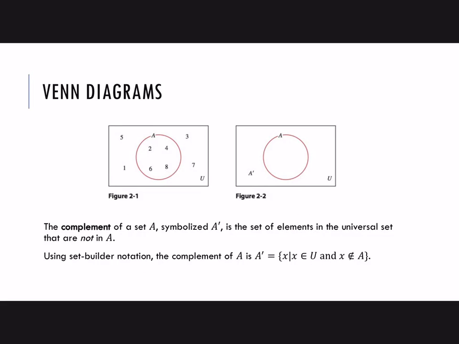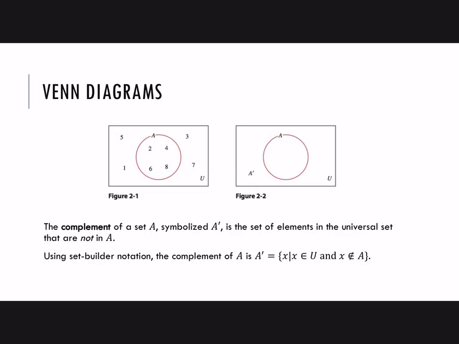Alright, Venn diagrams, you're likely to have used these before. These are named after the mathematician John Venn, and he used these as a way to organize and to visually describe sets. You've probably also seen these in different contexts as well.